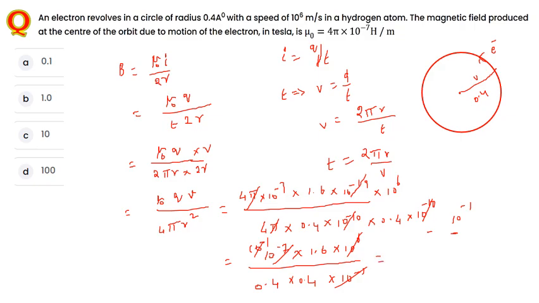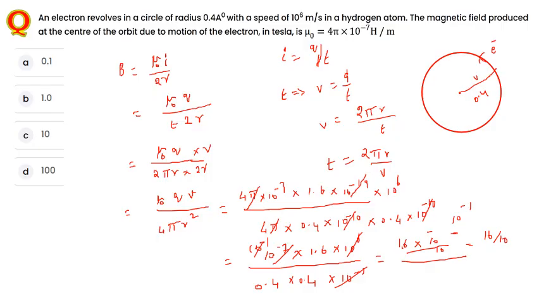So what you are going to have here is 1.6, and I multiply and divide by 10, so it becomes 16 divided by 10.